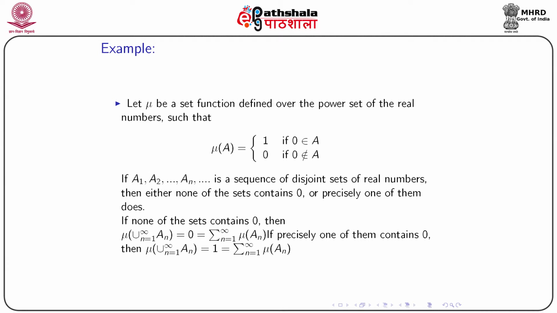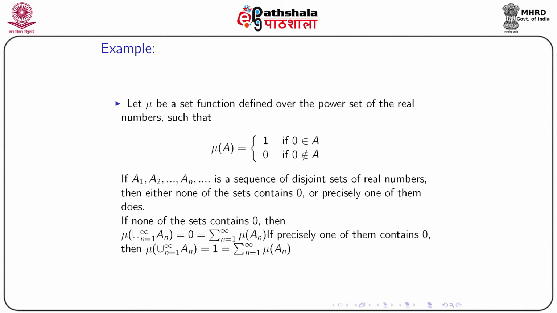If they do not contain 0, then by the definition of the set function, if I take the union over i from 1 to infinity of Ai, the set function will be 0, and the summation over i from 1 to infinity of mu Ai will also be 0, because in each case the set function value will be 0.